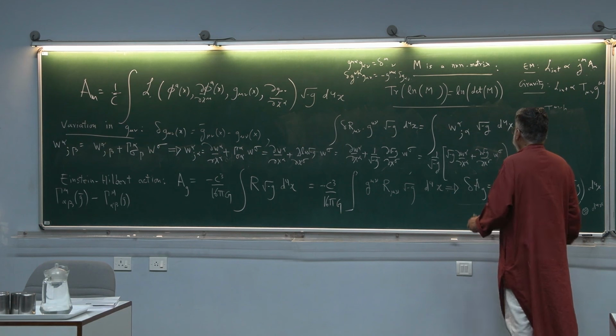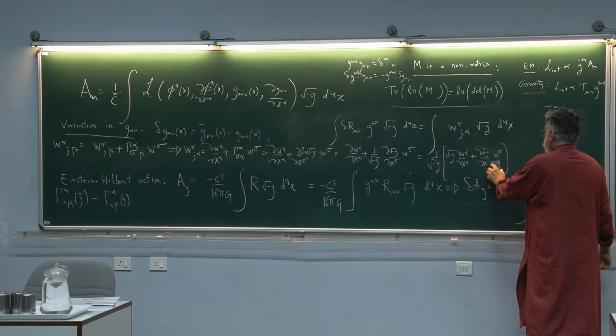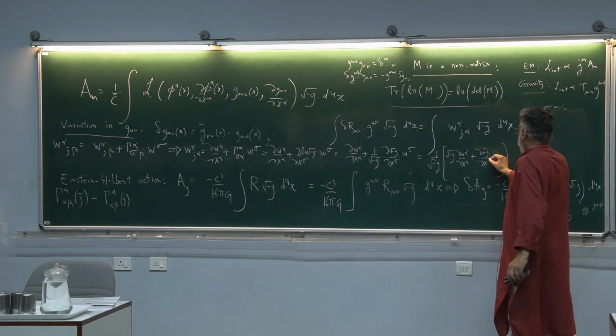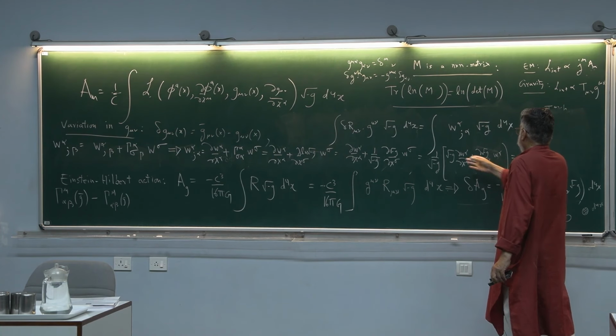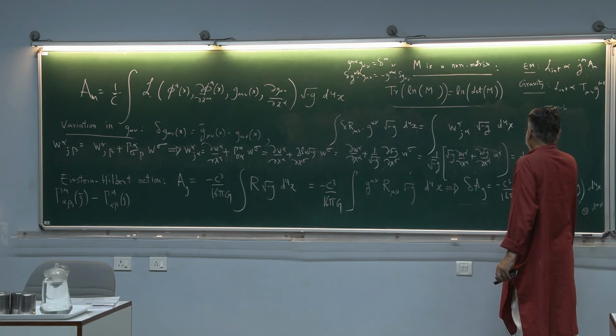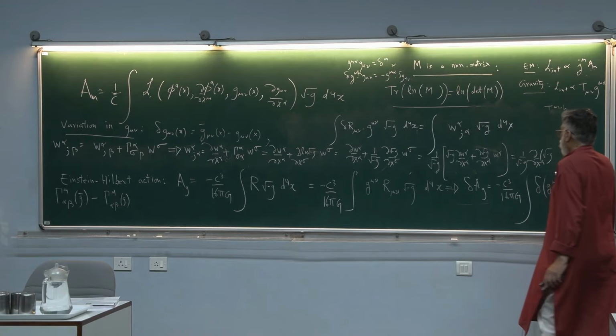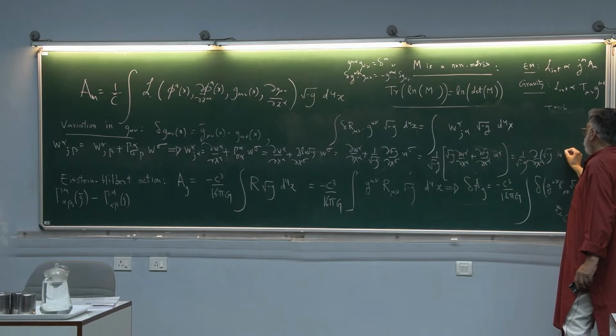But sigma is a dummy variable; I could have called sigma alpha itself. And this is nothing but 1 over root minus g del by del X alpha of root minus g W alpha.